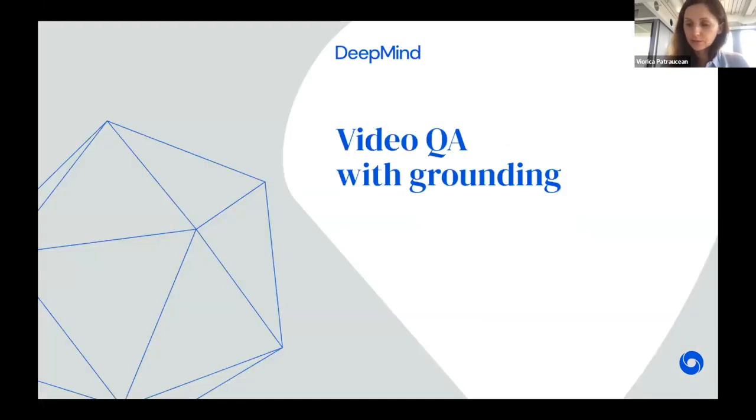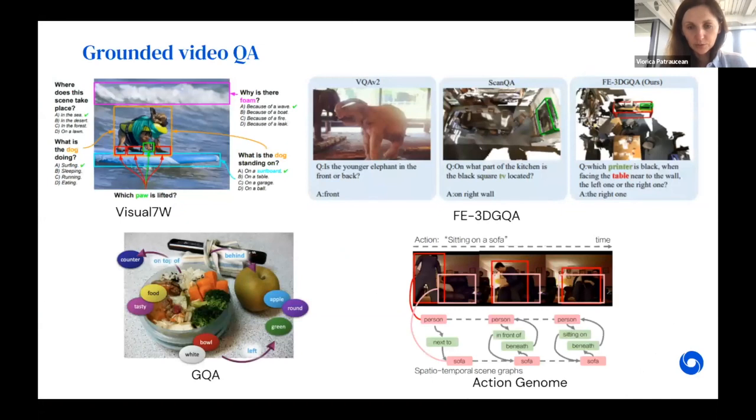Just a few words about video question answering with grounding. I won't go into any details, but such tasks are useful to make a connection between a high-level task interface like language and low-level understanding in a video, where you want to really ground the language into spatial regions in the image.